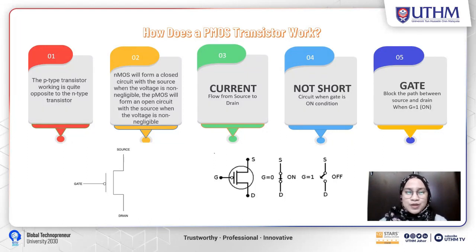The PMOS will form an open circuit with the source when the voltage is non-negligible. Third, current flows from source to drain. Fourth, not short circuit when gate is on condition. And last, gate blocks the path between source and drain when G equals 1, which is on.